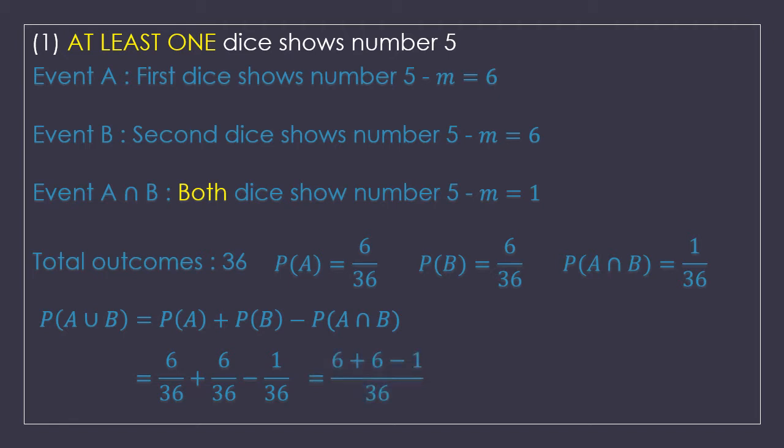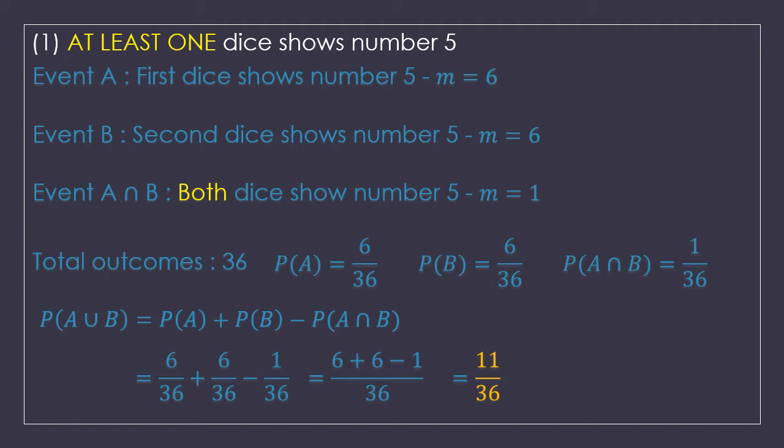I don't have to take an LCM here. 6 plus 6 minus 1 is 11 upon 36. Did I not just tell you the answer? 11 upon 36 after this much labor. Okay, let's follow along with the textbooks.